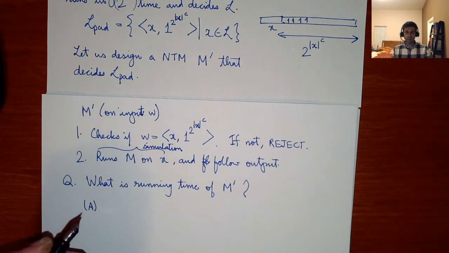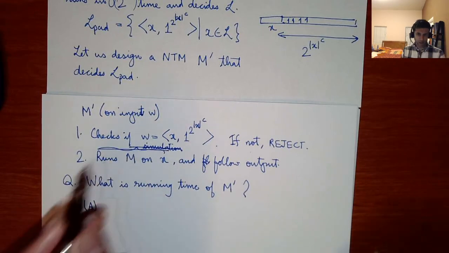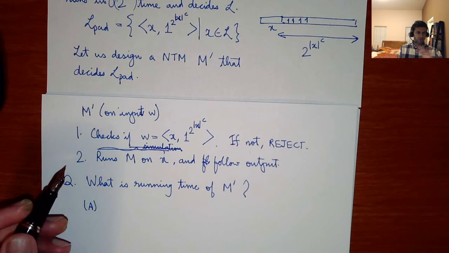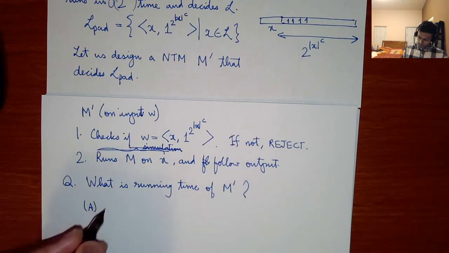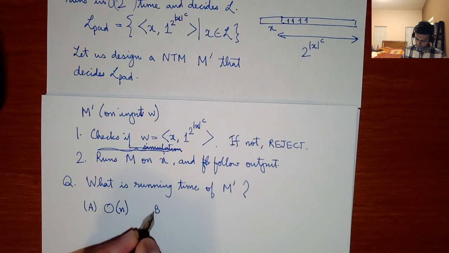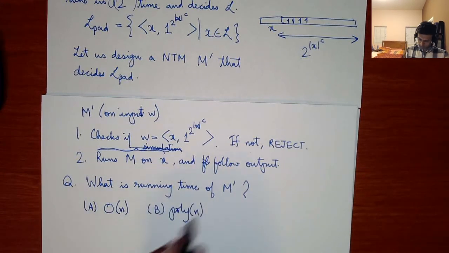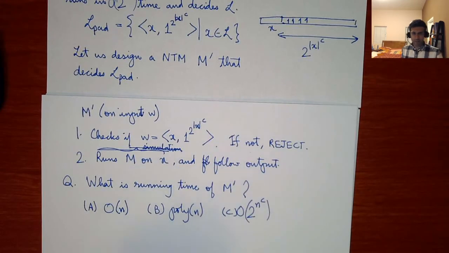So you have to simulate. Well, actually, no, sorry, my apologies. Ignore my comment. There is no simulation. You have an algorithm. You just run it on X. So my question is, what is the running time? Is it O of n? Is it poly n? Or is it O of 2 to the n to the c? Again, give me the best answer.